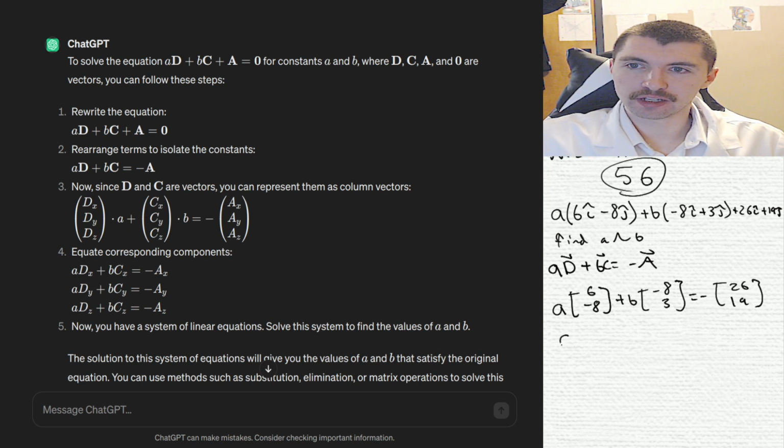Okay, so this is saying 6A minus 8B is negative 26. I think this is a system of equations. Negative 8A plus 3B equals negative 19.